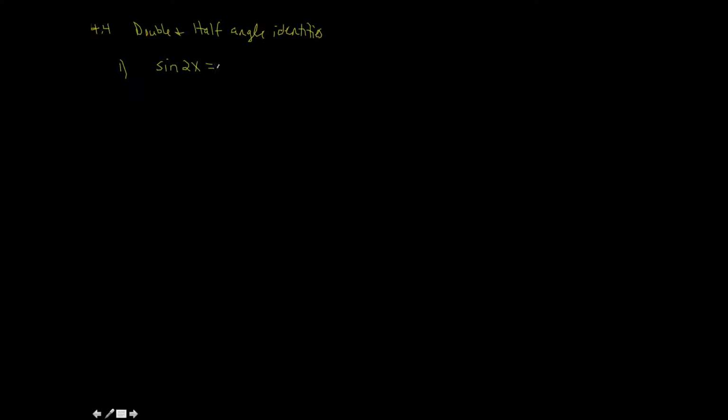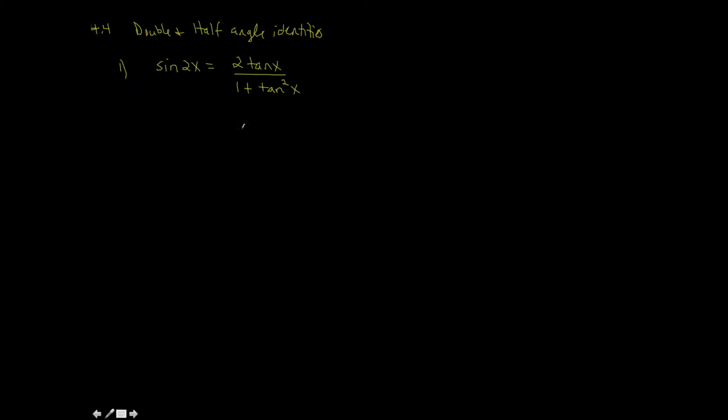Sine of 2x equals 2 tangent x all over 1 plus tangent squared x. Okay? Well, I don't see anything good here that we can use, so that's going to help us get the sine.